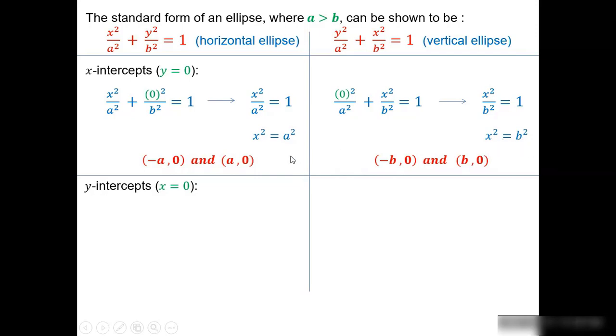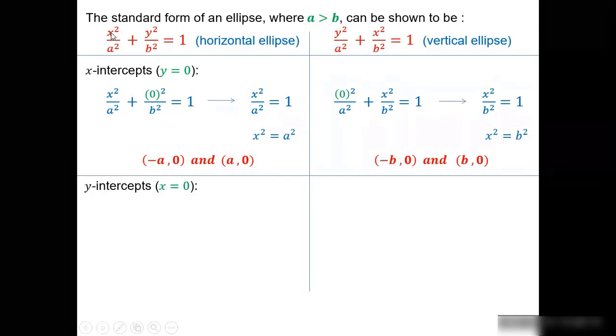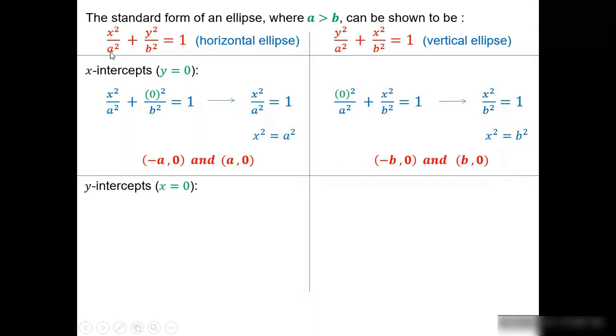Now this is a really helpful tool, because what that shows us is that if we're trying to find the x-intercepts, then all I need to do is look underneath the x variable, and that number a that's being squared are the x-intercepts. While over here, since b is the smaller number, and b is underneath the x term, the x-intercepts are at plus or minus b.